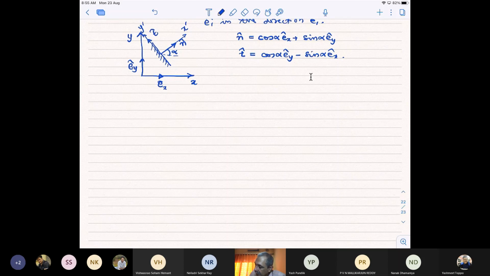So we can calculate this, the normal stress, and that we have already seen.